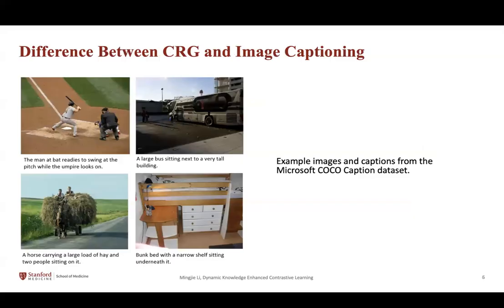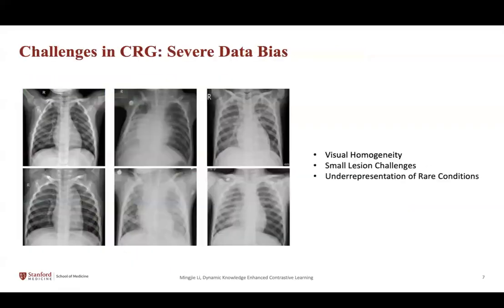These captions are usually very short, and the objects in the images are usually located at the center of the image. And more importantly, it is obvious. So we can find the challenges.